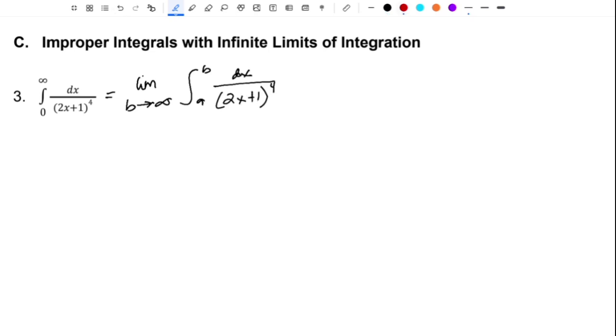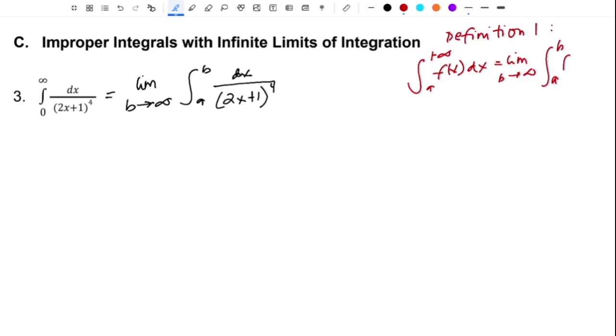Let me write the definition. Definition 1: the integral from a to infinity of f of x dx is equal to the limit as b approaches infinity of the integral from a to b of f of x dx. And that's what we're going to use in solving this problem. Okay, let us start.